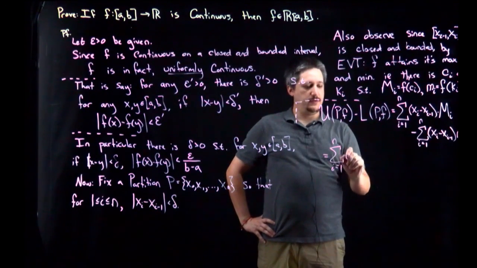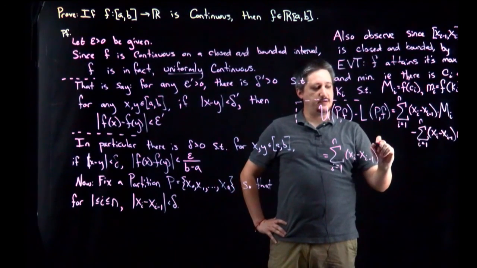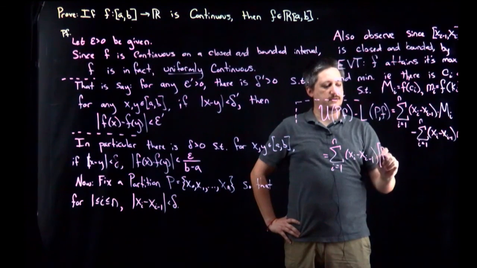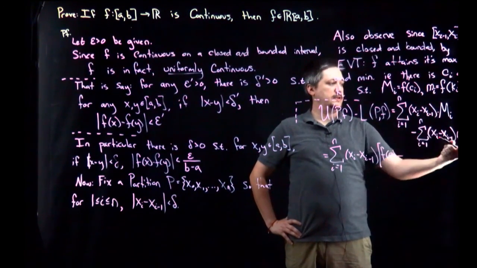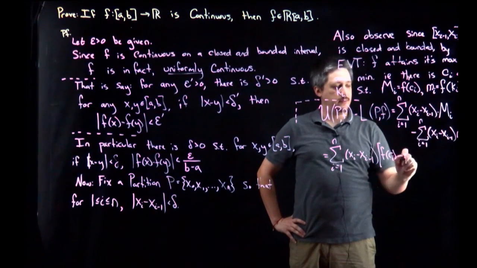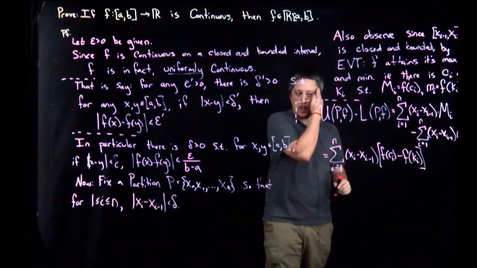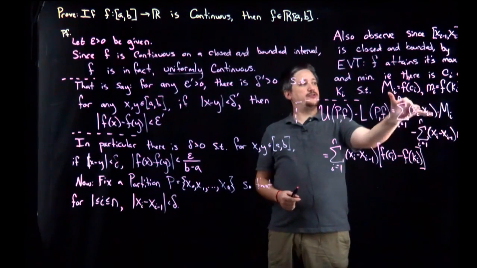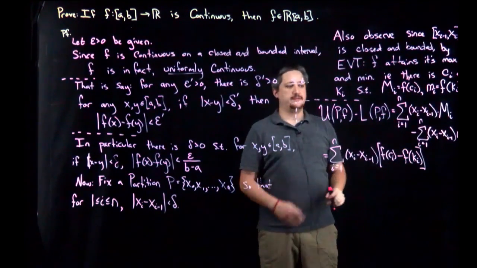I'm going to have x_i minus x_{i-1}, that's common in both of them. Then I'm going to have M_i, which is really f of c_i, minus little m_i, which is really f of k_i. That was putting the sums together and translating the capital M and lowercase m to their other pieces.